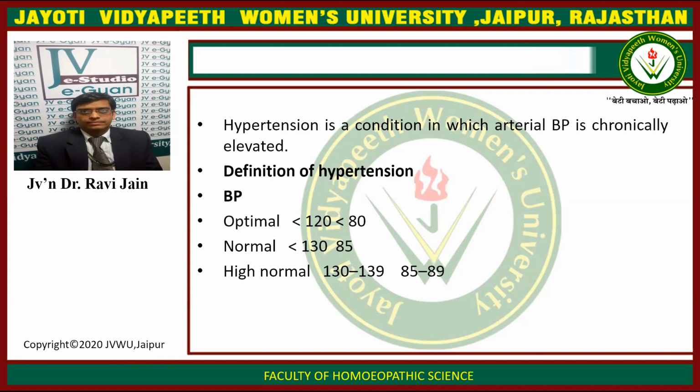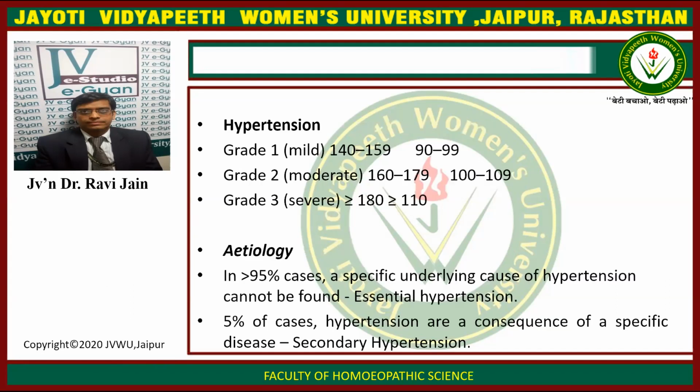The normal range is less than 130 systolic and less than 85 diastolic. And the high normal range in case of systolic blood pressure ranges from 130 to 139 mm of Hg, and the diastolic range varies from 85 to 89 mm of Hg. So these are the various normal ranges of blood pressure in an individual.